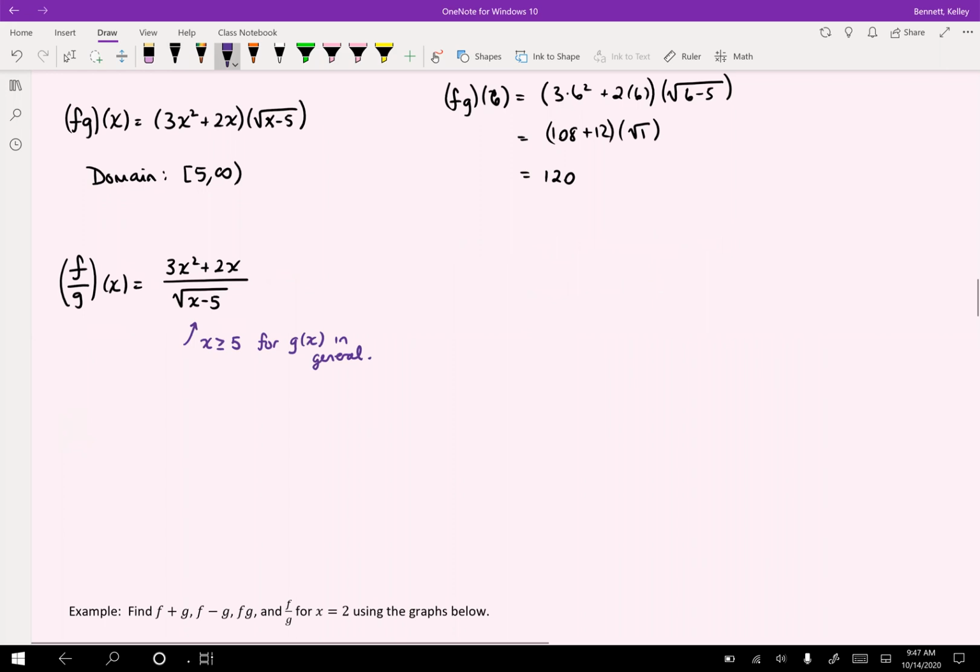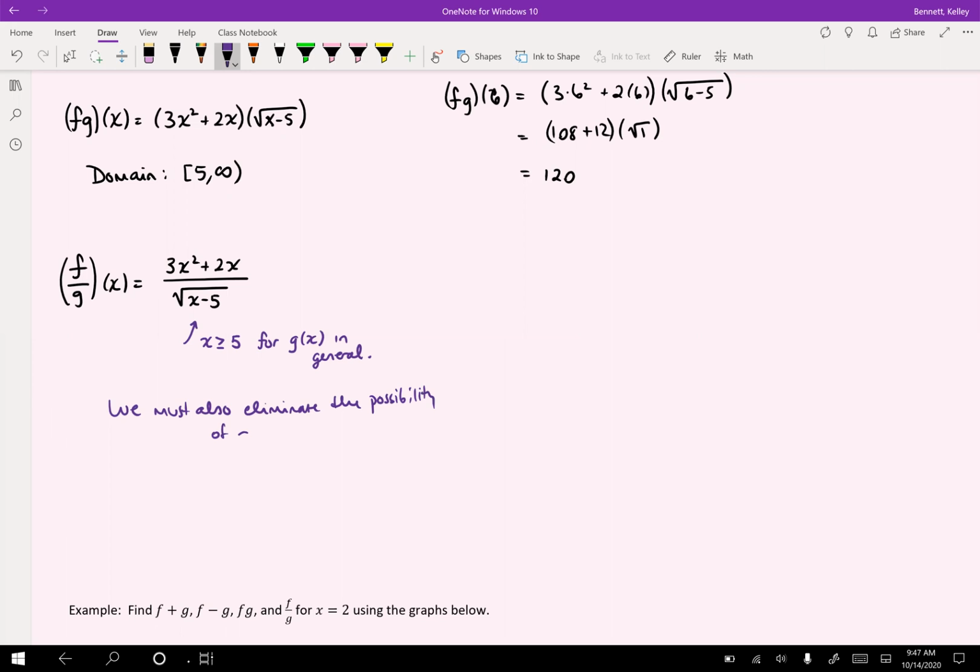But we also have to eliminate the possibility of division by 0. So when does that happen? So the square root of x minus 5 equals 0 would be the same thing as x minus 5 equaling 0. So x equals 5. So we have to exclude this value as well.